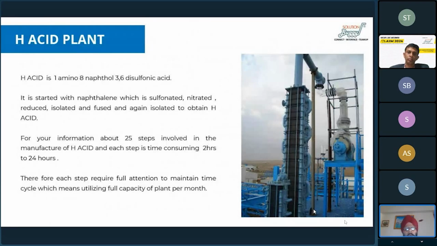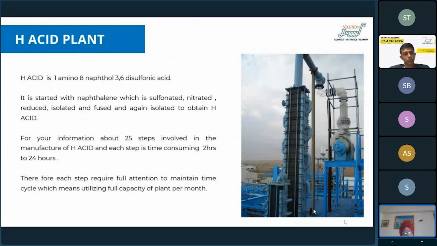Then this product has to be nitrated and reduced with iron so that the nitro group comes into an amino group. Then again a fusion is carried out so that an OH group, naphthol, is introduced into the naphthalene. After that, isolation is carried out and H acid is produced.